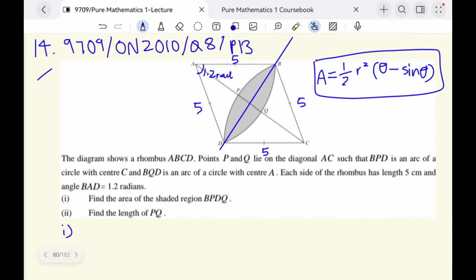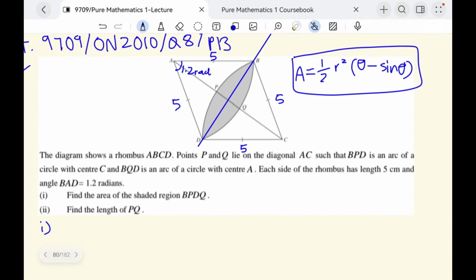Okay, for the area, you just use this formula to find the area of the shaded region BPDQ. If you cut this region in half using the blue line, you will see that the two segments are identical. So the area of BPDQ is twice the area of a segment, segment DQB.